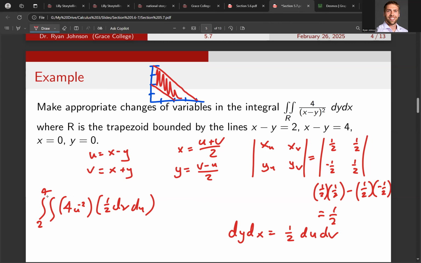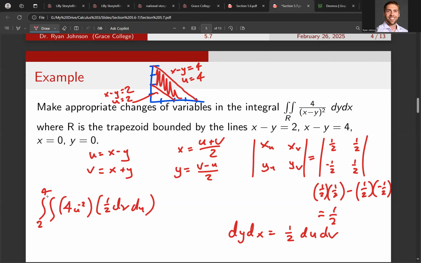So then v, I'm going between the bounds of my shape. This line was x minus y equals 4, which translates to u equals 4. This line was x minus y equals 2, which translates to u equals 2.